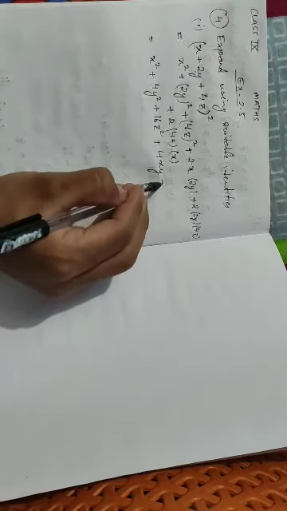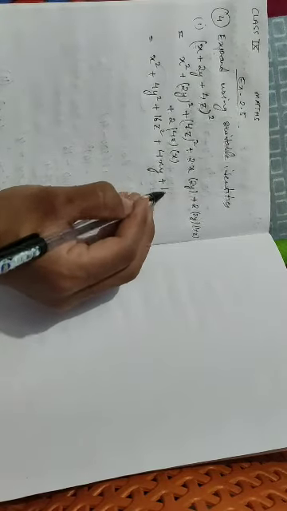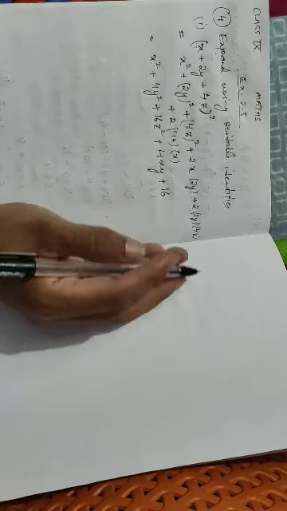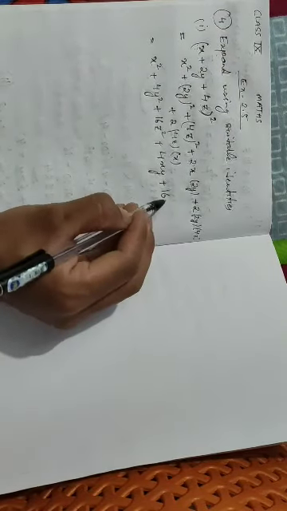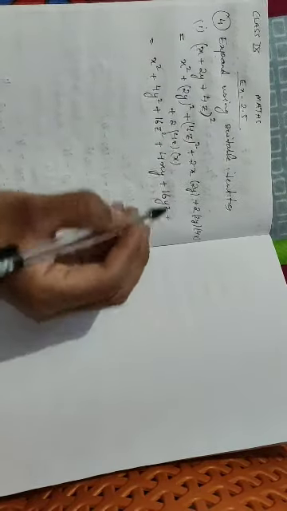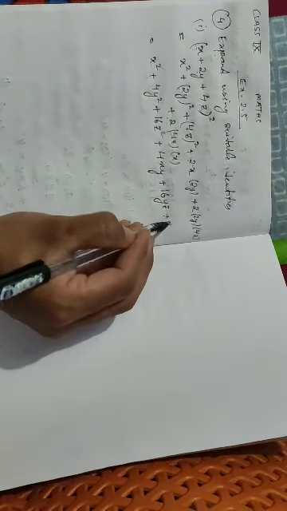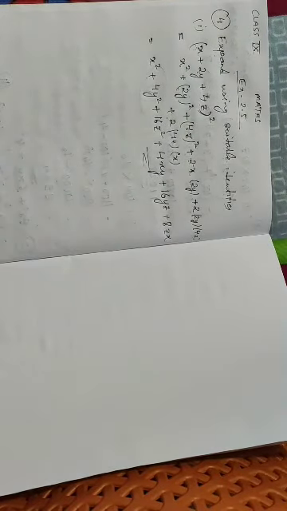Next, plus 2 into 4 into 4 is 16, because we multiply the coefficients and then the variables, y into z, yz. The last one is plus 2 into 4 is 8, z into x, zx. So this is the expanded form.